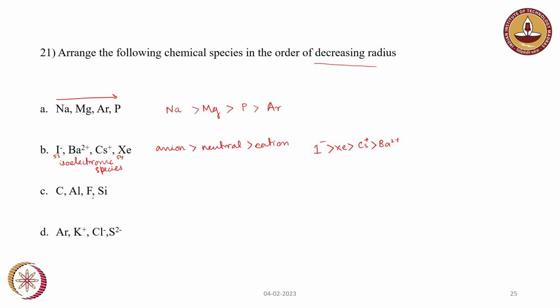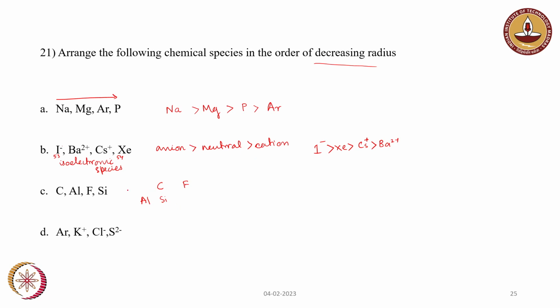And in this one, carbon, aluminum, fluorine, and silicon. So in the periodic table, carbon and fluorine are in the second period, and aluminum and silicon are in the third.